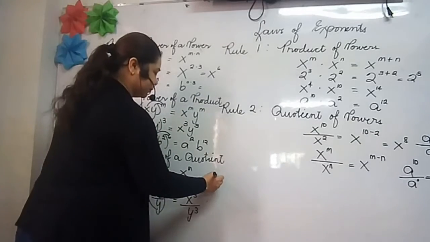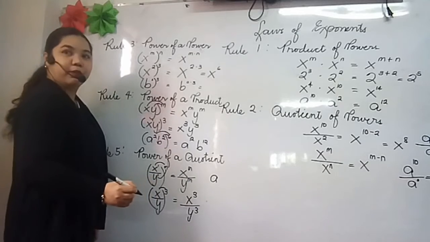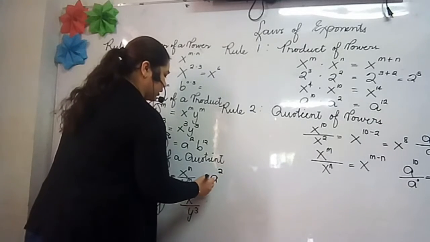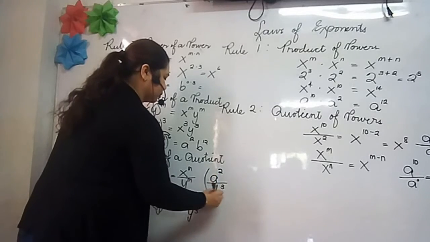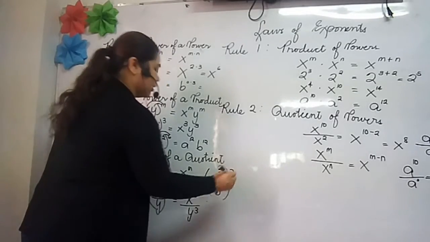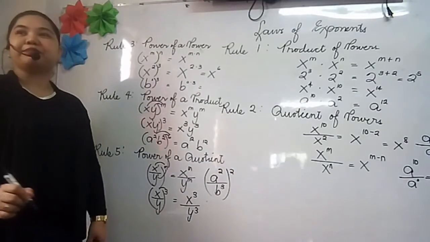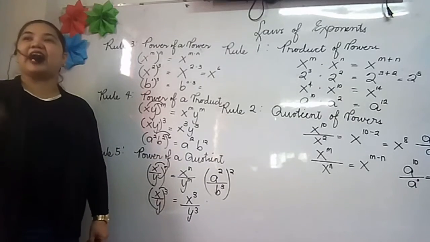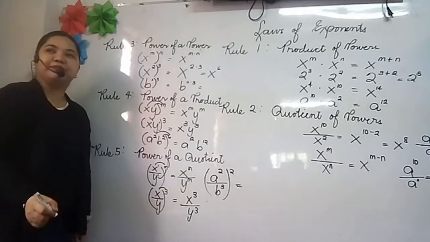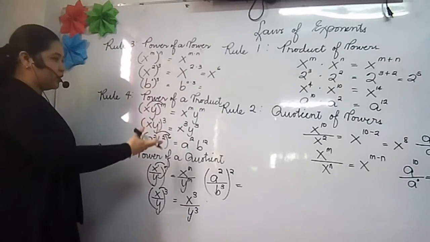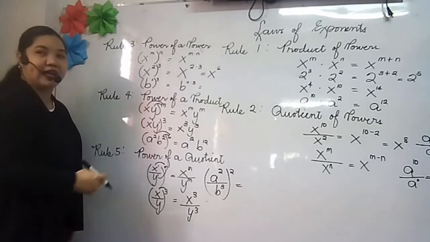Miss Kat, pwede po ba magkaroon ng exponent yung nasa loob? Pwede. Halimbawa, a squared divided by b cubed. Oh, let's try. Kylie, answer this one. Pagsasamahin natin.